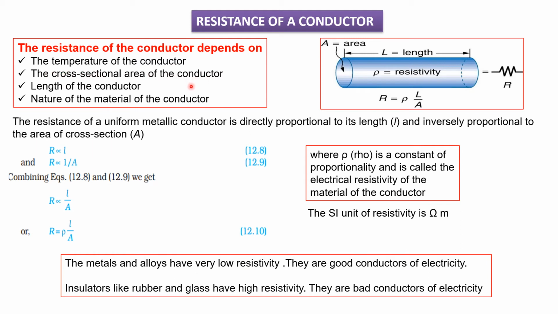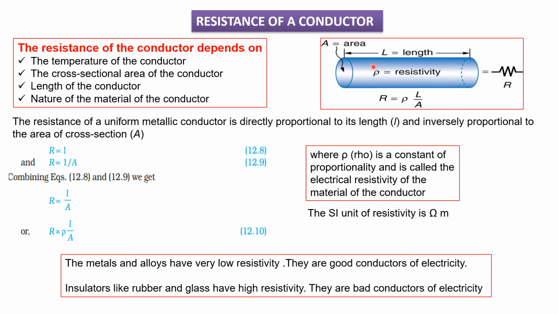The resistance depends on the temperature of the conductor, the cross section area of the conductor, the length of the conductor, and the nature of the material of the conductor. So many factors affect the resistance of the conductor. Here, this is the length of the conductor. Take some iron rod or gold rod or silver rod or copper rod.